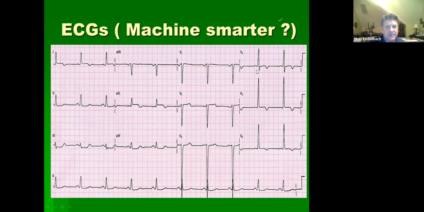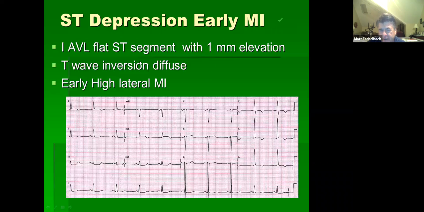So this is maybe an ischemic type of picture, but what it is, is a very early ST depression MI. The second EKG you do over time, these changes in 1 and AVL will probably get higher and come off the baseline. So this is somebody who you're going to let the ER know about early.